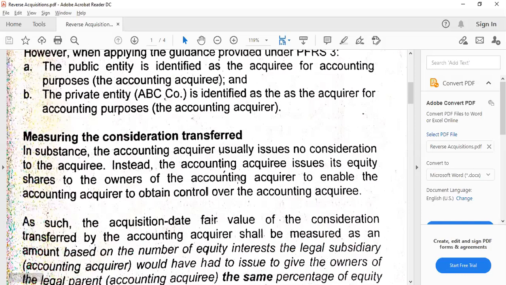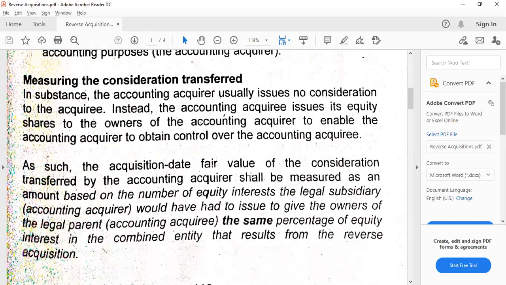But in reverse acquisition, here is now the thing that we are going to think about. Whoever is the legal acquirer is the accounting acquiree or subsidiary. So legal parent or acquirer, and at the same time is the accounting acquiree or subsidiary. And the question would be, normally who is that, the legal acquirer or parent?